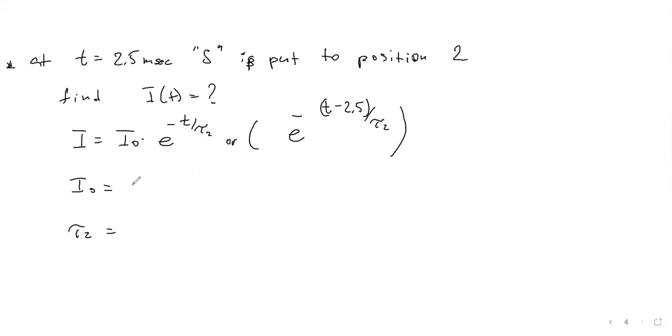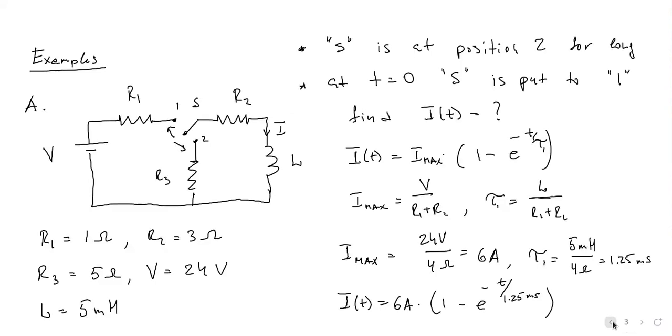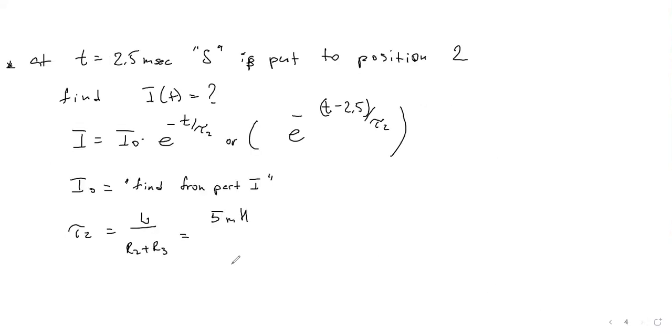So we can find it from the previous part, and we can find the time constant. It's inductance over what? R2 plus R3, yeah? So I can find this without problem, 5 millihenry. And what was my R2, R3? It was 3 and 5, so 8 ohm.